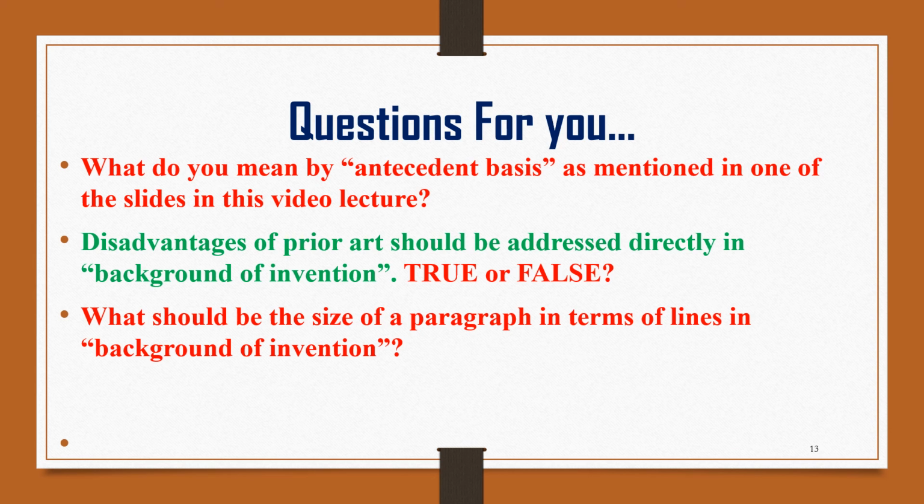Question number 2: disadvantages of prior art should be addressed directly in background of invention, true or false? Question number 3: what should be the size of a paragraph in terms of lines in background of invention? Friends, please try to answer these questions in my comment box. Please go through all the slides.